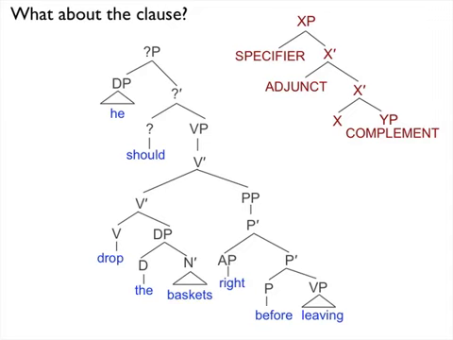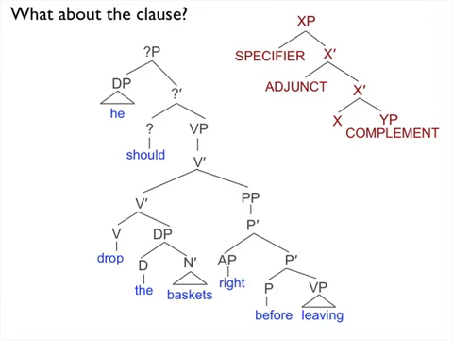Now, you may not want to say that he is in a semantic argument relationship with should. But that's going to be okay. We're going to fix that. There's going to be a reason for that. Because the specifier slot, keep this in mind for everything that we're doing, can be an argument of the head of which it is specified. But it doesn't have to be.